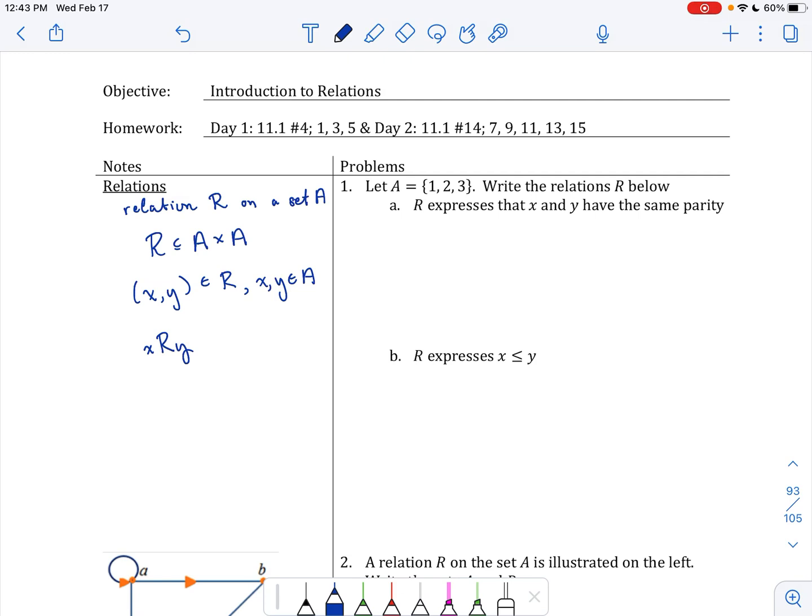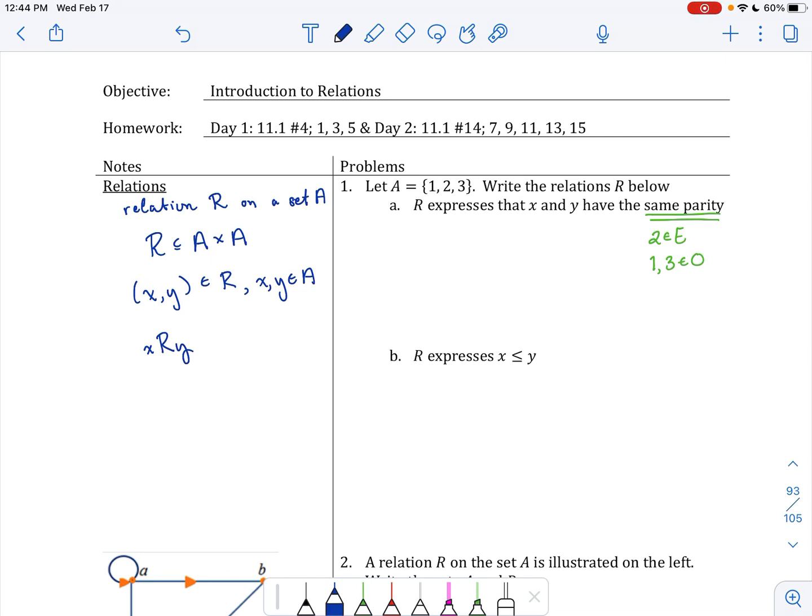So let's look at a couple examples of relations. So let A be the set {1, 2, 3}. Write the relations R below. So for part a, it says R is the relation that expresses that x and y have the same parity. Now, when I write these out, sometimes it's helpful for me to say, well, if it has the same parity, that means that we are looking at even numbers, so in this case just 2, or odd numbers, which in this case is 1 and 3.